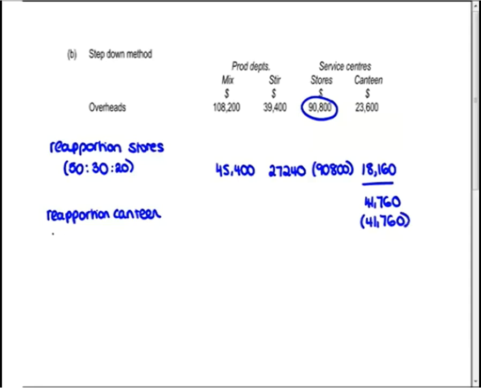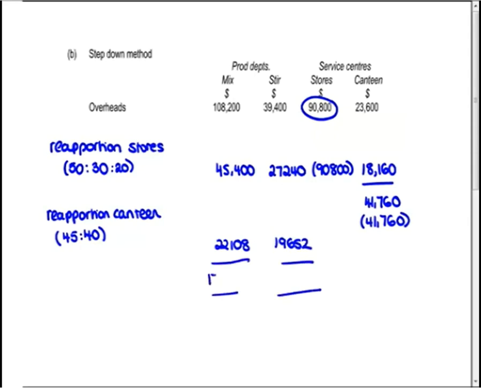So we're recognising some of the interdepartmental service work, but not all of it. So we're ignoring the fact that the canteen does work for the stores in this particular method, and we'll see how to deal with that shortly. So 45 out of 85 will go to mixing, and the balance of the canteen will be allocated to stirring.